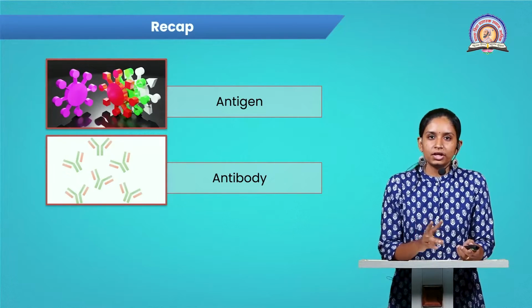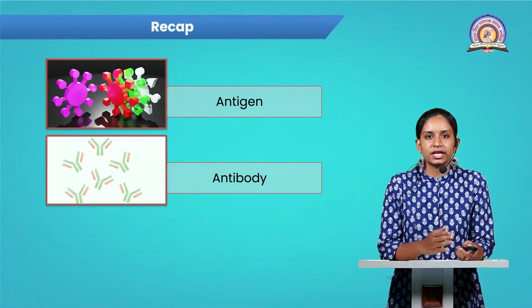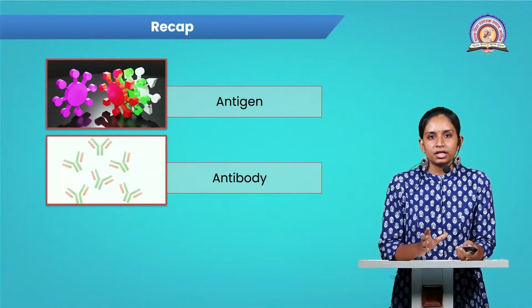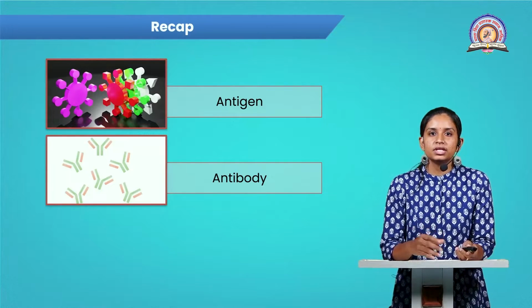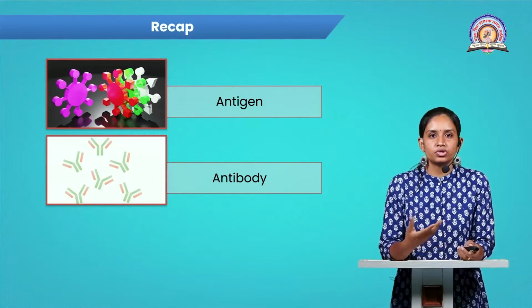So there are two concepts that you need to understand here. First one is the antigen and second one is the immunogen. Now, antigen can be a particle that can combine with an antibody molecule. But if you consider immunogen, then what is it? It can activate the immune response.